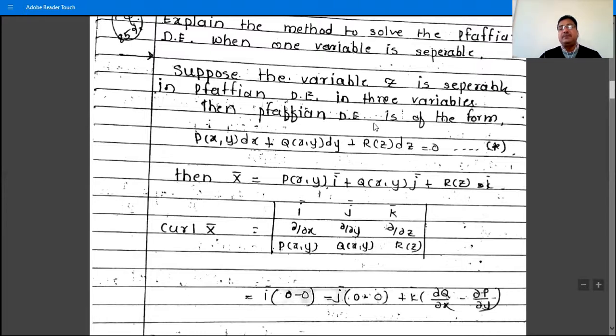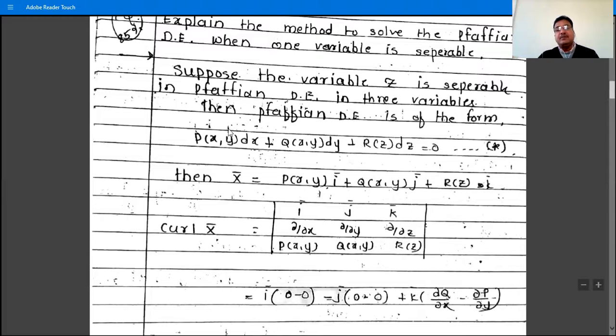Okay, so the Pfaffian differential equation is of the form: the given Pfaffian differential equation expressed in the form P(x,y) dx plus Q(x,y) dy plus R(z) dz. Because the z variable is separable, but x and y are not separable variables.